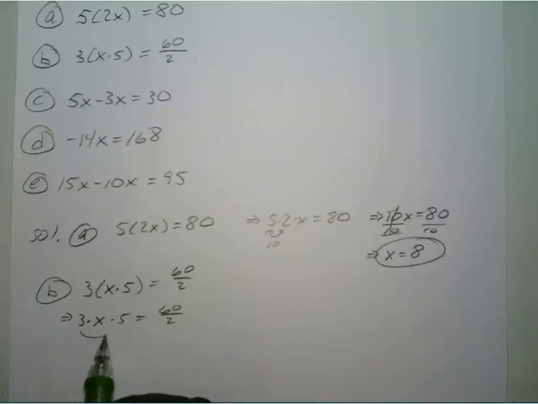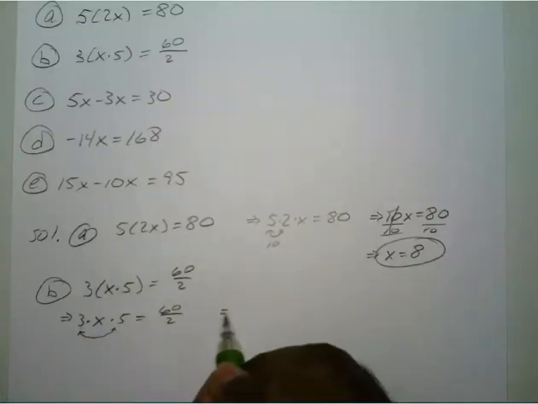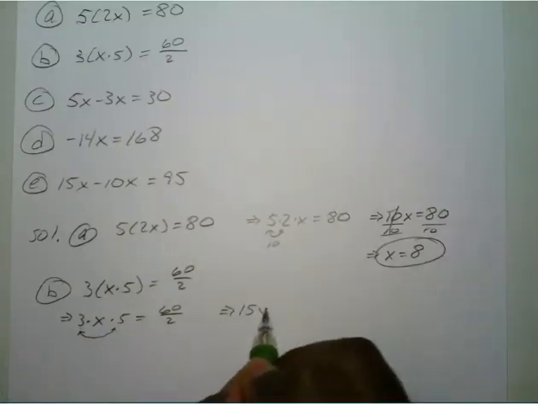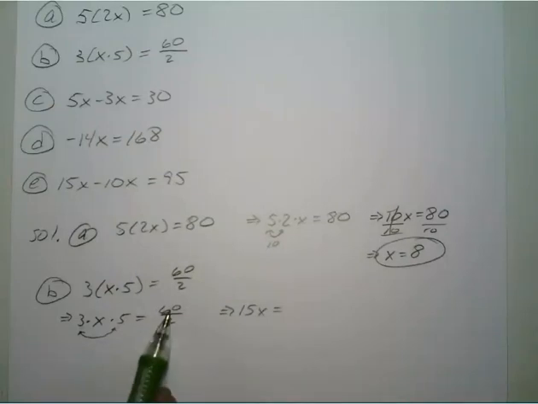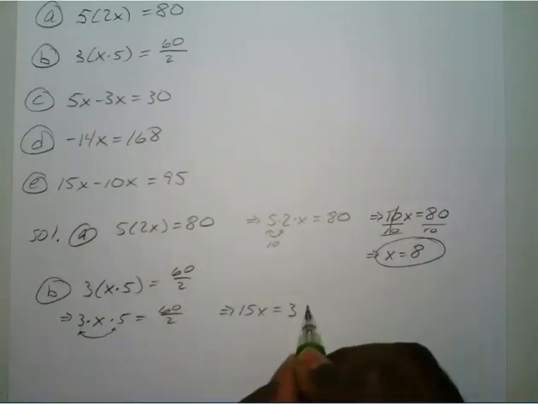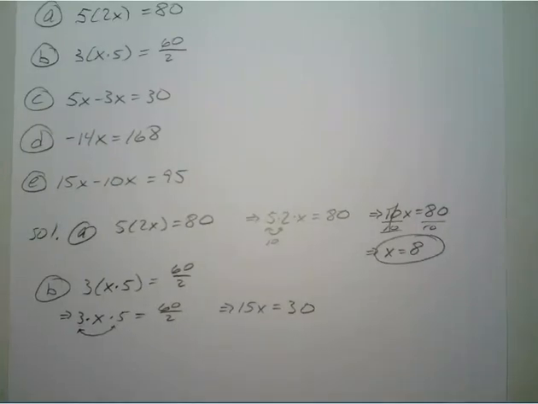Okay, so we can simplify both sides of the equal sign because we can multiply the 3 and the 5. So 3 times 5 is 15, so the left side would give us 15x. And the right side, 60 divided by 2 is 30. So on the right side of the equal sign, we'll get 30.